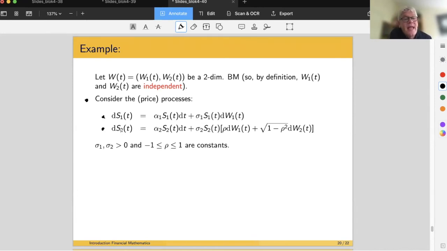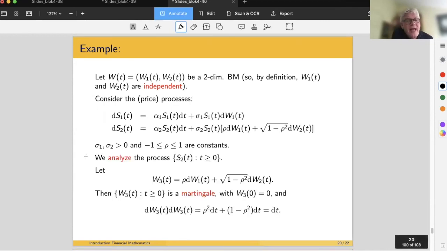That is, dS2_t is alpha 2 S2_t dt plus sigma 2 S2_t times (rho dW1_t plus the square root of 1 minus rho squared dW2_t). So here we see the drift term, the growth rate of the stock. Here we see the uncertainty, the volatility of the first stock and of the second stock, sigma 1, sigma 2, and we see a parameter rho, a correlation coefficient, which is between -1 and 1. These are all constants.